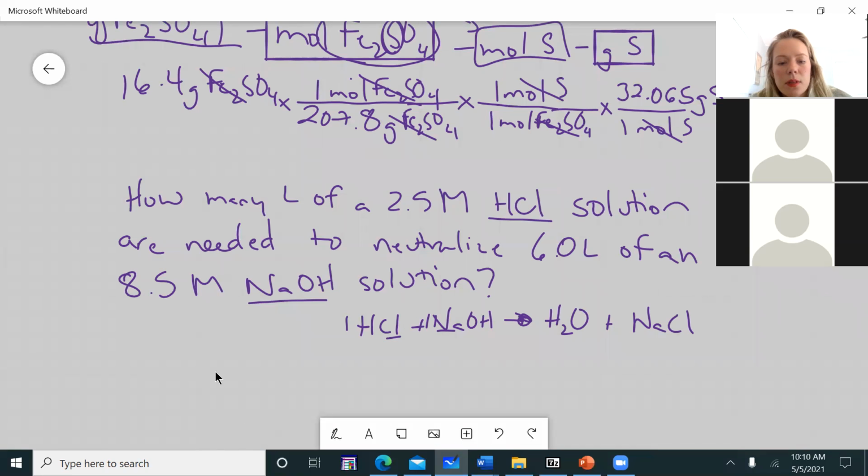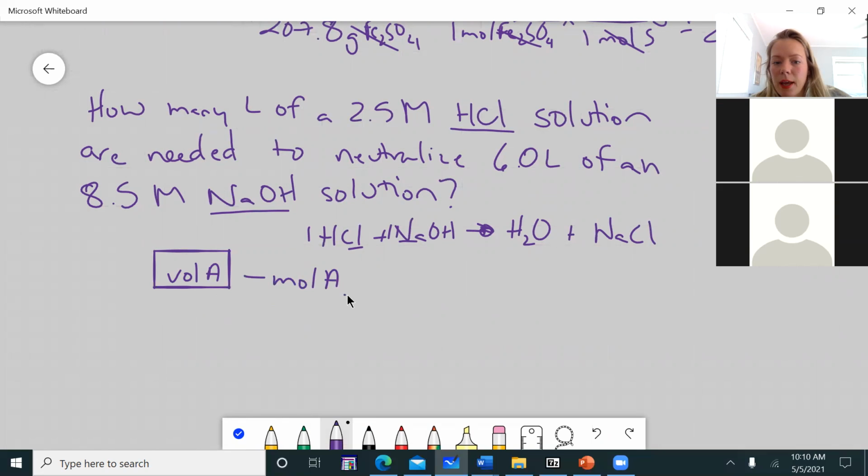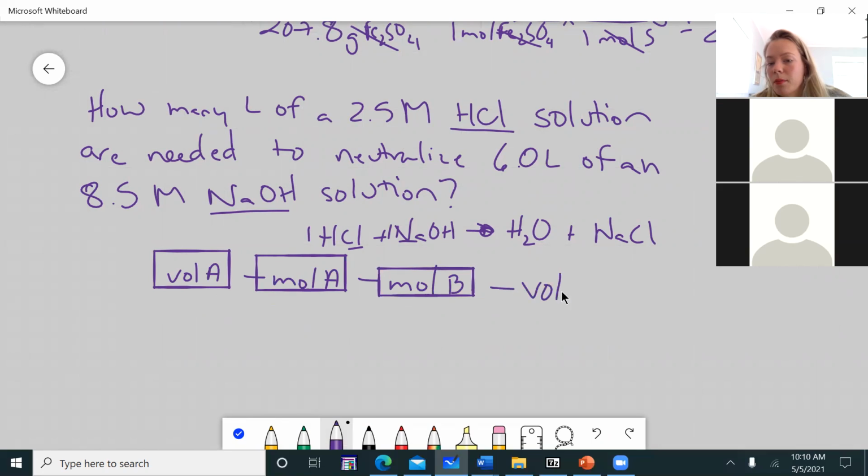Okay, so for this one, the general flow chart tends to be you go from the volume of your compound A into moles of compound A, into moles of the compound B, into volume of compound B. Sometimes you stop right here and then use that to find the molarity.